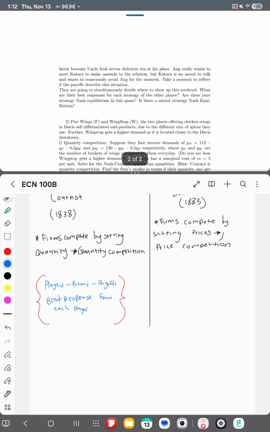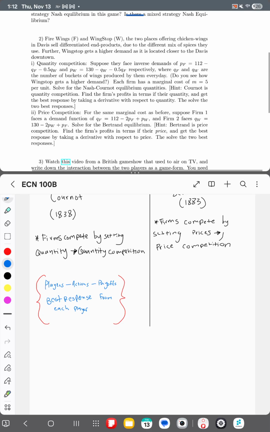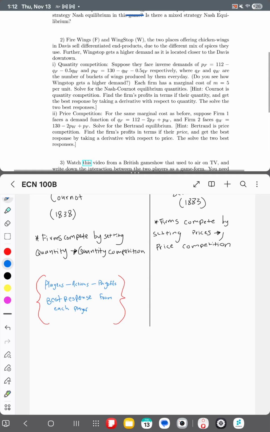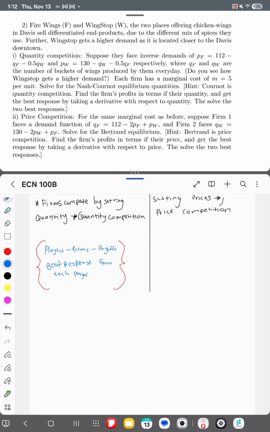Let's start with the quantity competition case. What is given in the question is the demands that are faced by each firm, and I'm going to write that down first. So let's call it an example. This is the example of Cournot we are going to study. The example says that there are two firms, Firewings and Wingstop. They're going to have different demands.